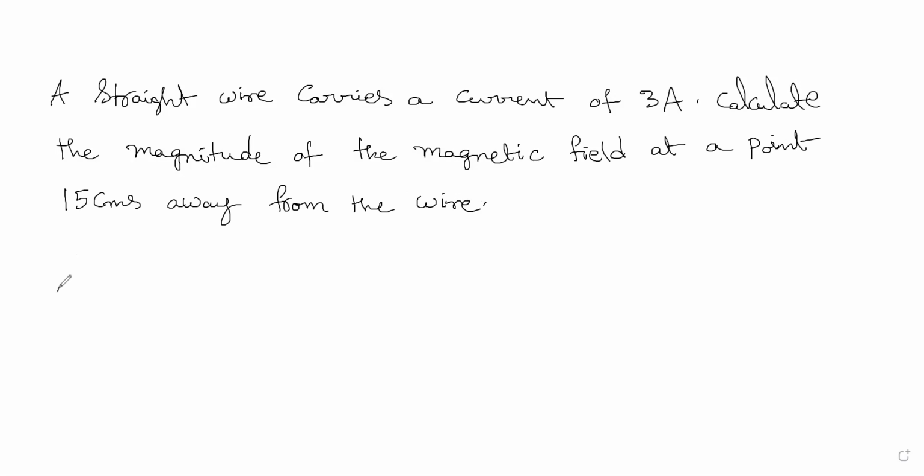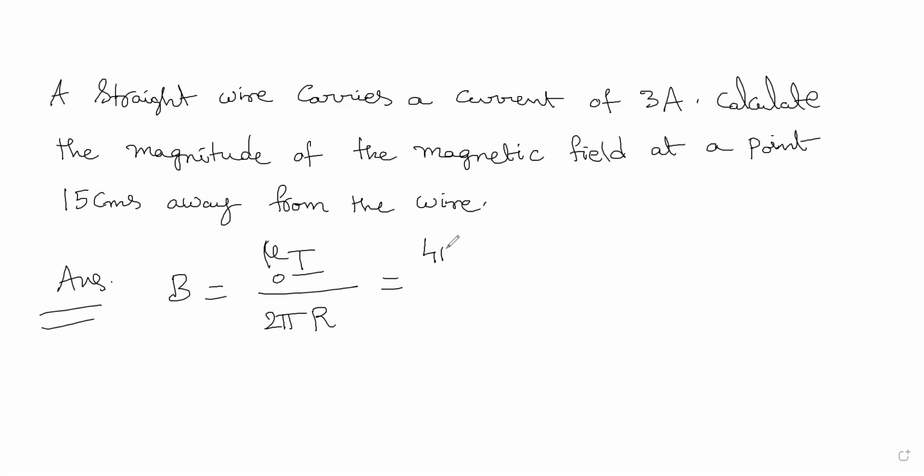This is very simple. B is given by mu naught I divided by 2 pi r. That's the formula. The value of mu naught is 4 pi into 10 to the power of minus 7.